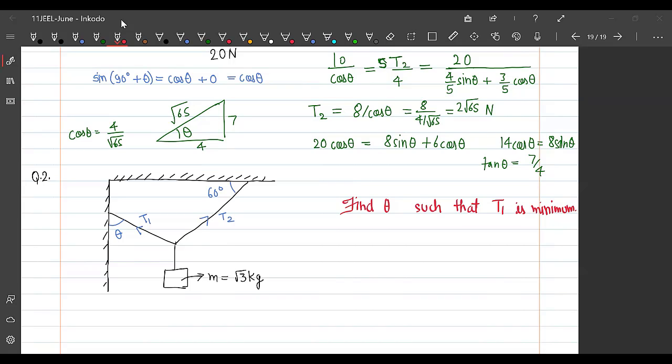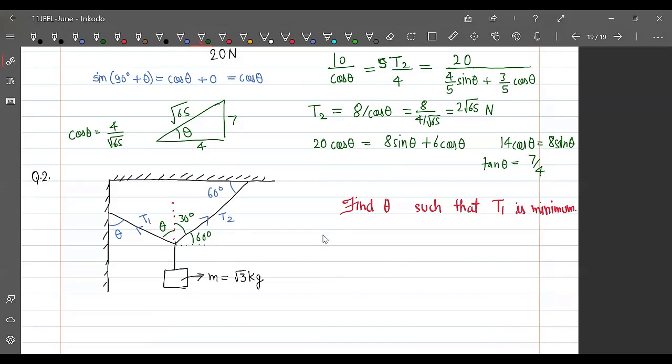No, you have to find theta such that T1 is minimum, and then you can find T1 and T2. So for this, if I draw the FBD, I'll just take the component. If this angle is theta, then this angle is theta. If this is 60 degree, then this angle becomes 60 degree. That is, this angle is 30 degree.